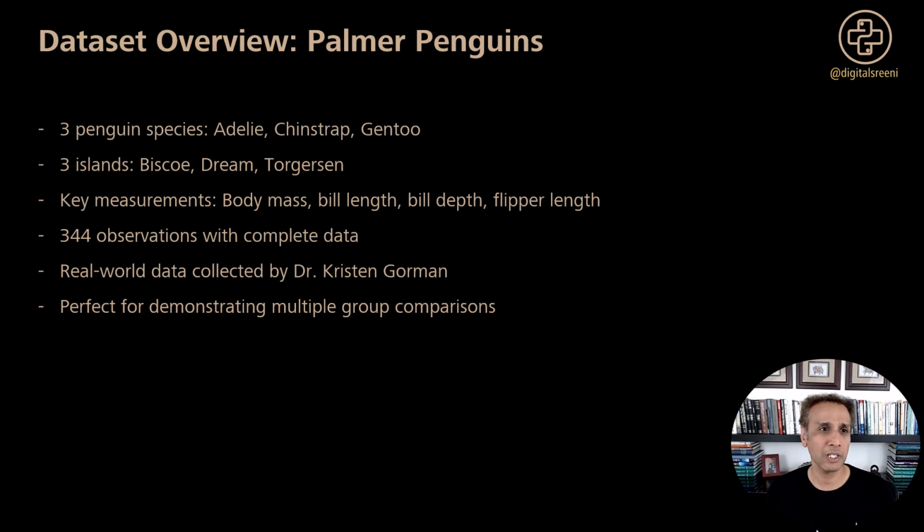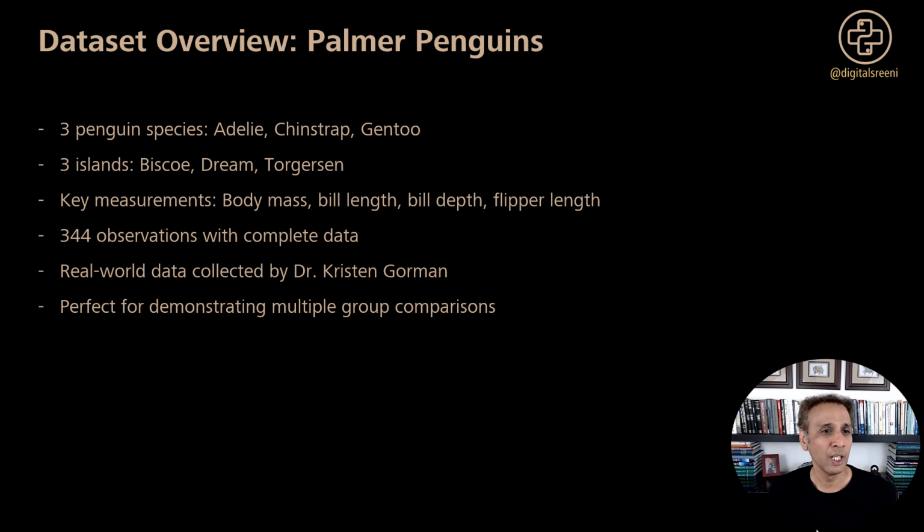With that information, let's look at the data set we're going to use. This is a new data set in this series. I think I have used the wine quality data set and the heart disease data set in the past, but here we're going to use the Palmer Penguins data set, because here we have 3 penguin species: Adelie, Chinstrap, and Gentoo, and they are from 3 different islands, definitely around Antarctica.